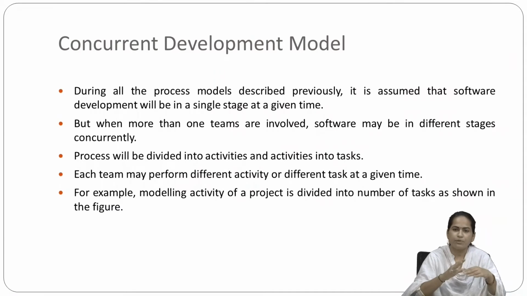At a given time period, it will be a single stage, though we may have a number of stages at different time periods. But when more than one team is involved, software may be in different stages concurrently.